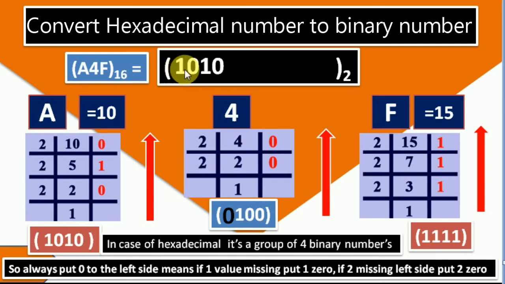First you place 1 0 1 0, then place 0 1 0 0 and then place 1 1 1 1. So when we combine all these 3 binary numbers, we get the result for hexadecimal A4F. For A it is 1 0 1 0, for 4 it is 0 1 0 0 and for F it is 1 1 1 1.